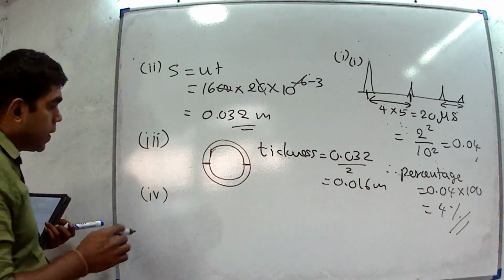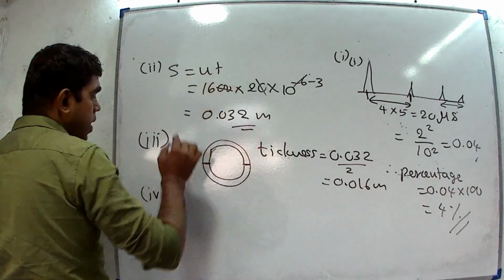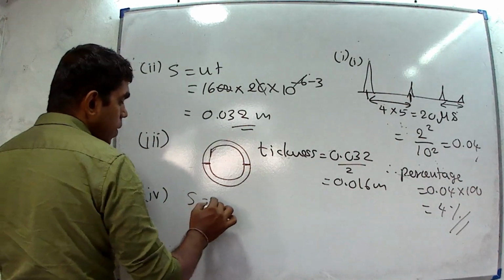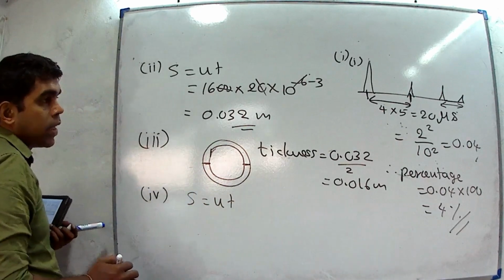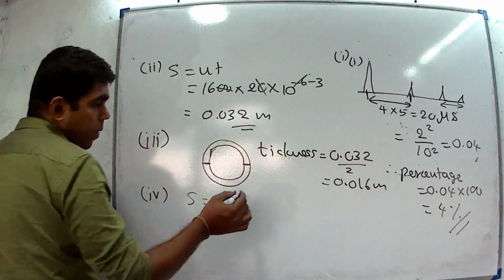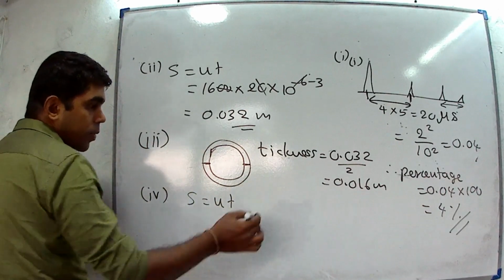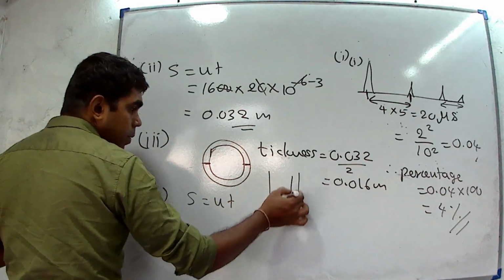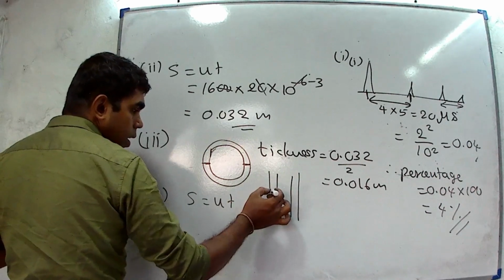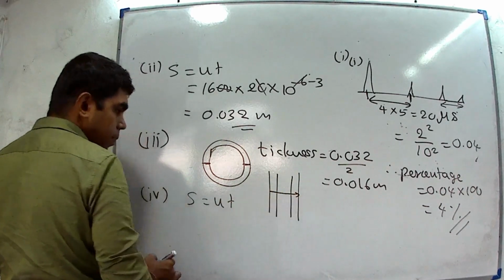Then by using S equals UT, we can find the distance traveled by the ultrasound wave through the bone. I will consider the bone as this one, from this point to this point.